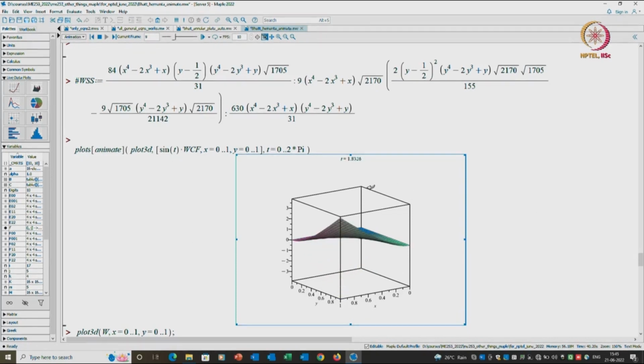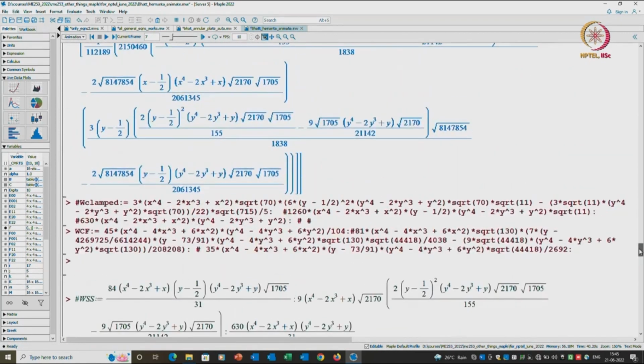Let me show you an intermediate mode. So let us see this. Comment.